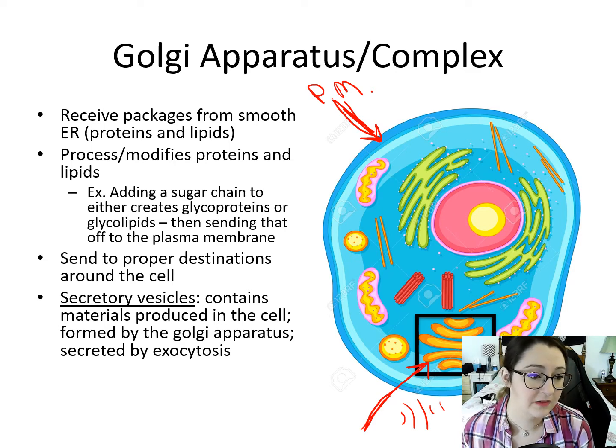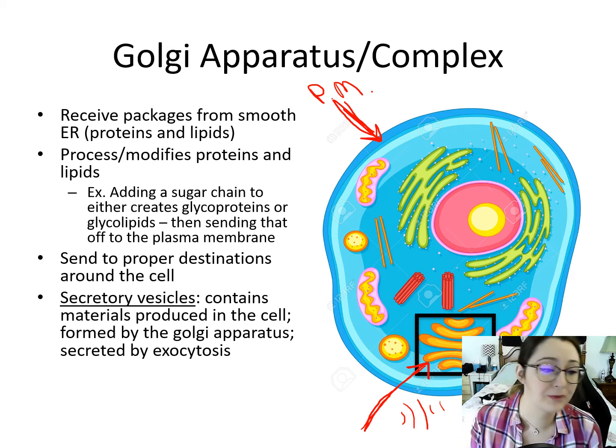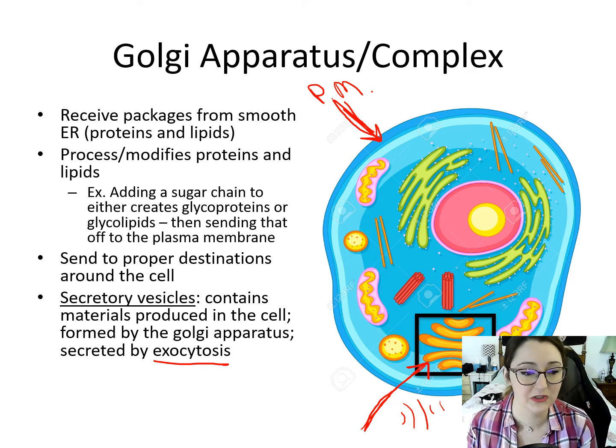We also have secretory vesicles, and I don't believe I have anything on this graphic that shows that, but I do want you to know what it is. It's going to contain materials produced in the cell. It's going to be formed by the Golgi apparatus and is secreted by a process called exocytosis. And I do have a slide that talks about exocytosis a little bit later.